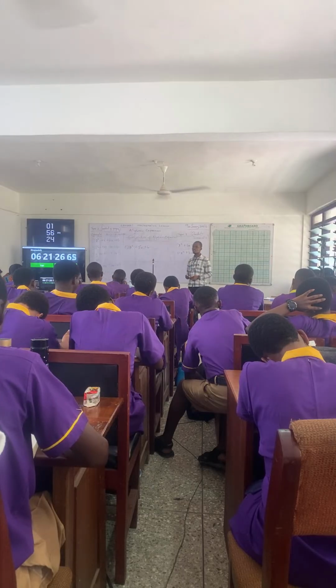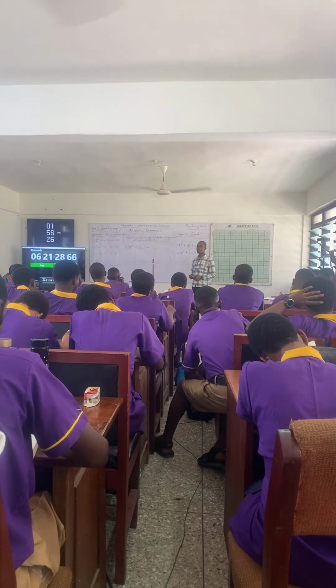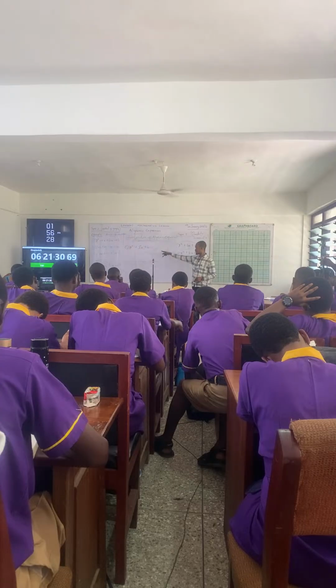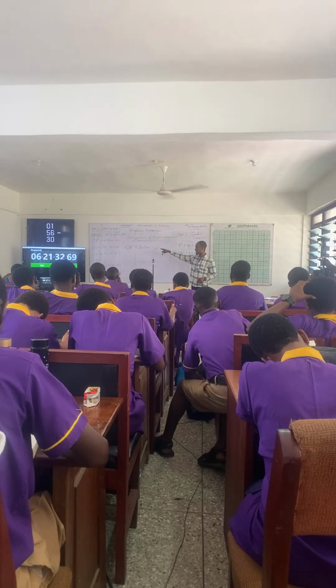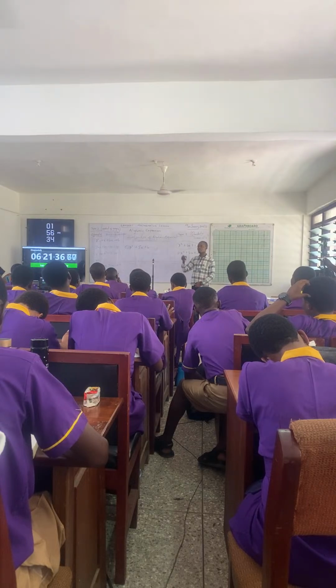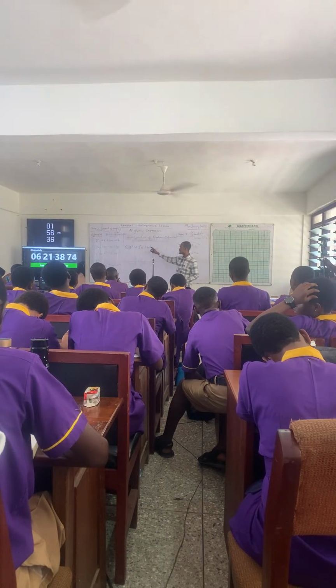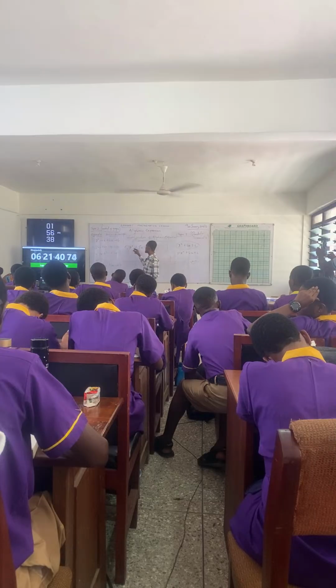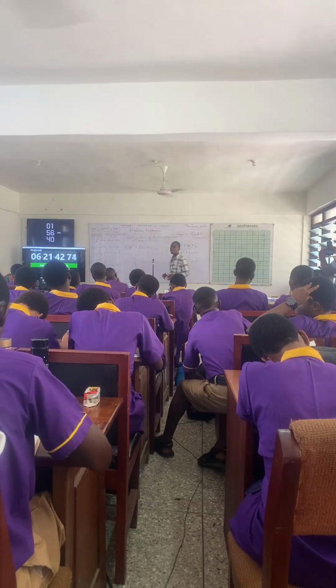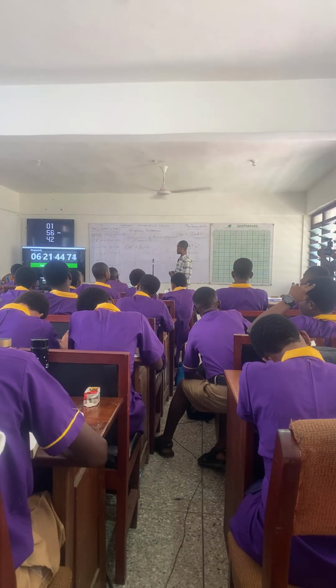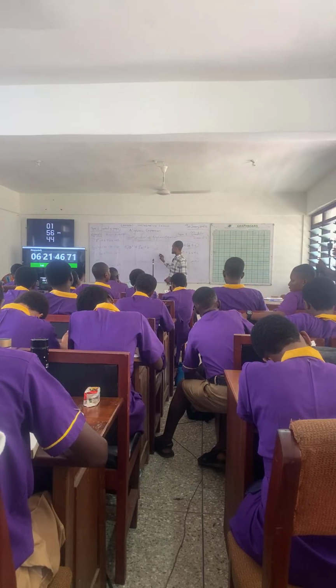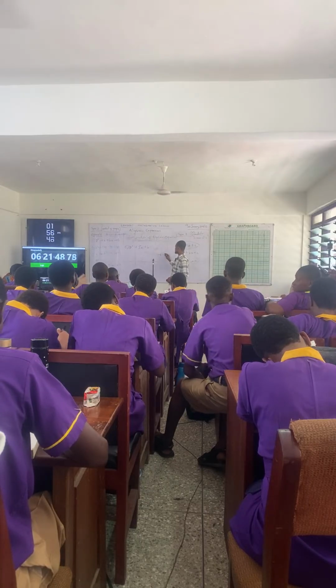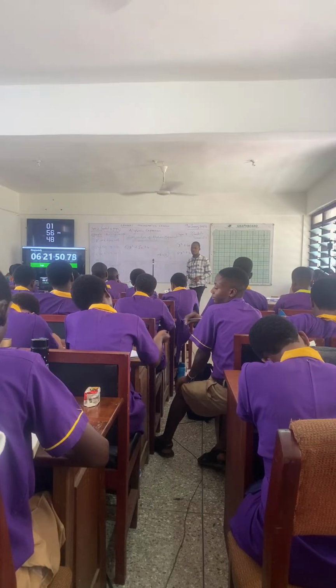The constant is the number without any variable, and that is the 6 that you see there. It's not the 5x. 5x is not a constant, because there is a variable attached to it. So we have the constant to be 6. So 1 times 6 will give you what? 6. So this is the answer we have now.